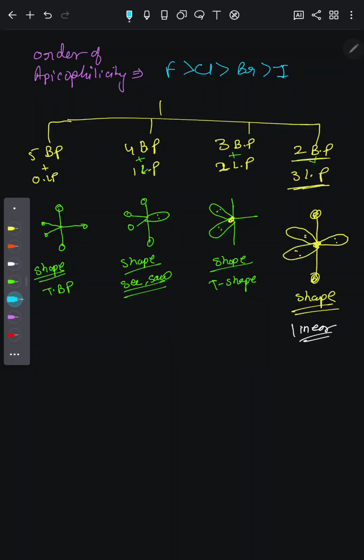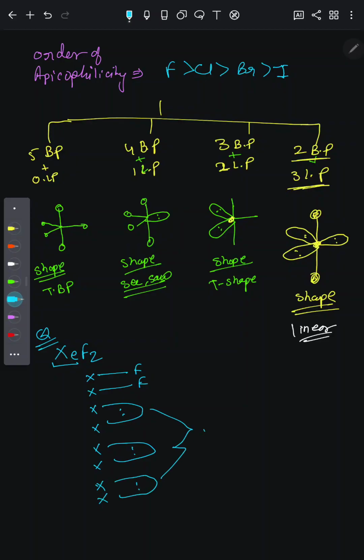There are some examples of calculating the shape of a molecule, such as XeF2. We need to calculate the shape of the molecule. Before knowing the shape, we first need to calculate the hybridization. So how many unpaired electrons are present in XeF2? Xenon has noble gas configuration, so there are 8 electrons, 1 2 3 4 5 6 7 and 8, and 2 fluorine are present. 3 lone pairs and 2 bond pairs are present here.